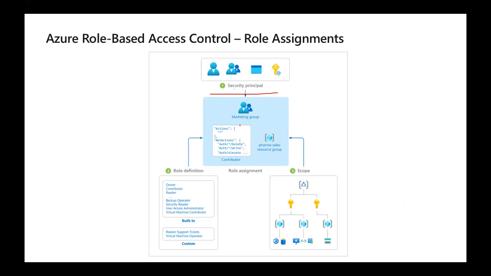In this example, you can see right here, guys, we have a marketing group. This marketing group has been assigned the contributor role for the pharma sales resource group. So you can see right here, this pharma sales resource group.